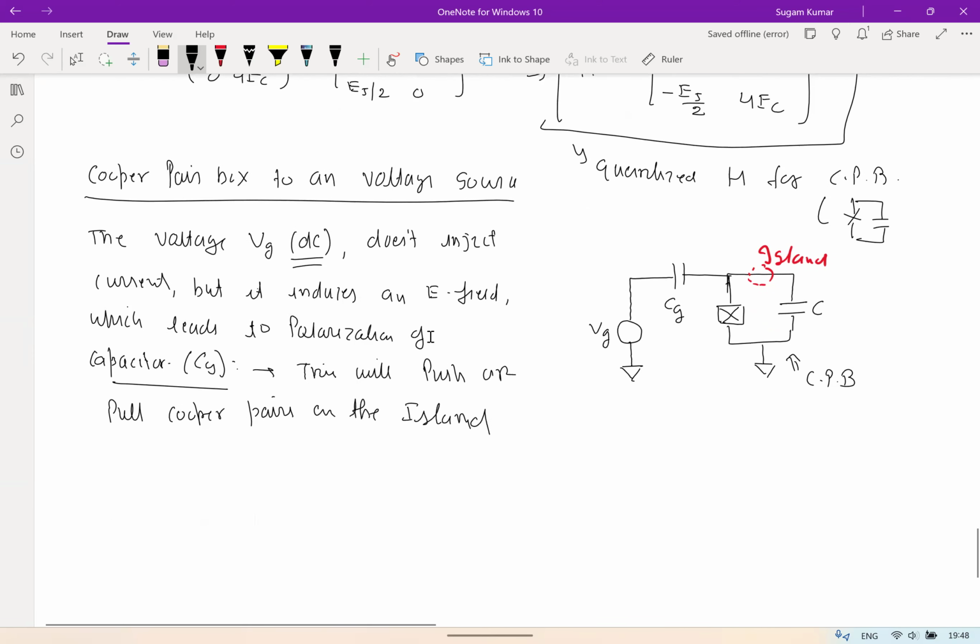And how it does that, there is a term I'm going to define here. Already you know this N is nothing but the excess Cooper pairs on the island, or you can say the number of excess Cooper pairs on the island. And of course, N is 0, plus minus 1, plus minus 2, and so on.